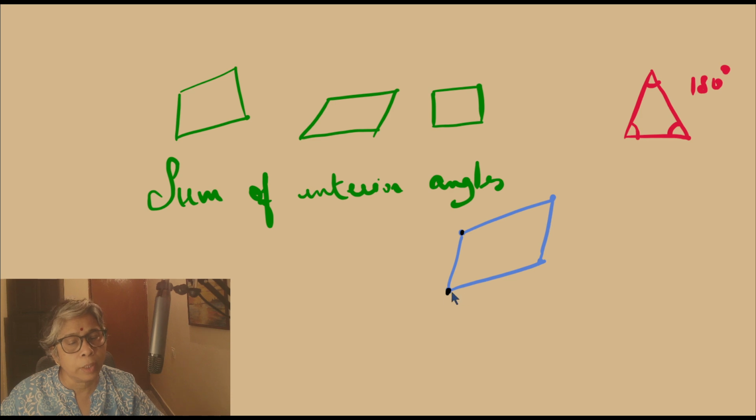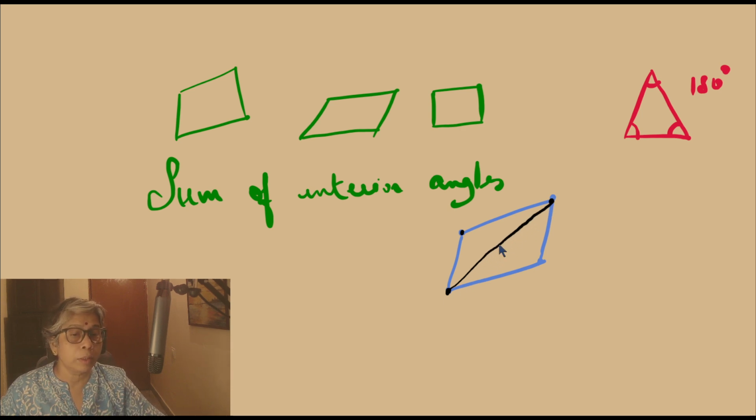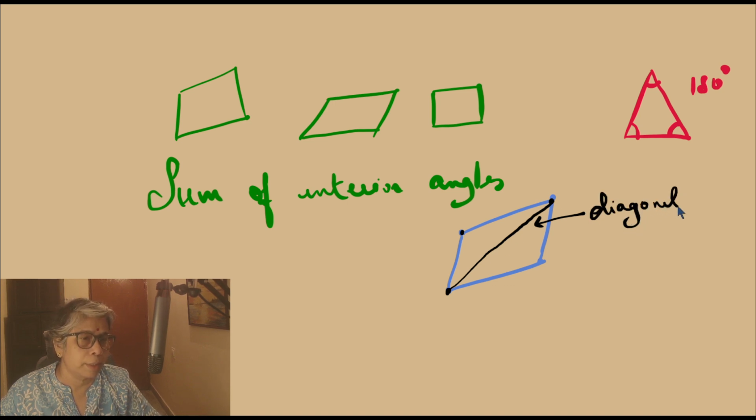What if you join the non-consecutive points? So I am joining this point to the point which is not consecutive, that is, which is not adjacent. The line segment I obtained by joining these 2 points is called the diagonal of the quadrilateral. Now we can look at this figure.